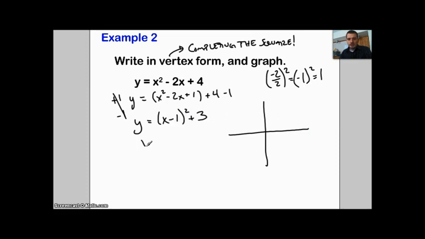My vertex is at (1, 3). It's facing up. It's going to be over 1, up 1 for the 1a, and then over 1, up 3, and then the same on the other side. So something like this. And there you go.